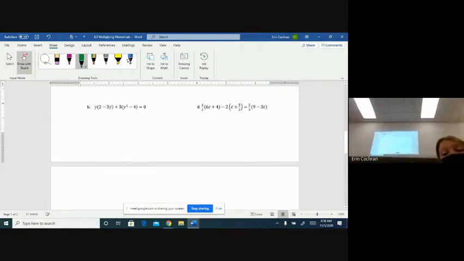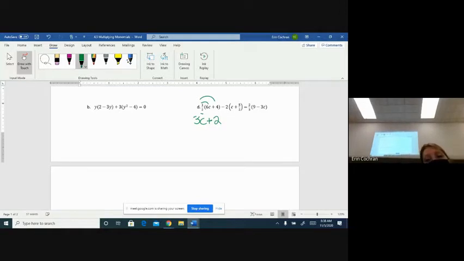So we multiply by the numerator, and then we divide by the denominator, right? So what's 1 times 6c? 6c divided by 2 would be 3c. 1 times 4? 4 divided by 2 is 2. Good.